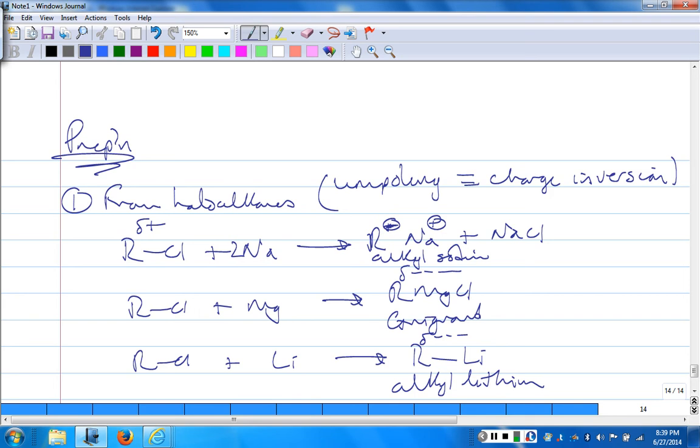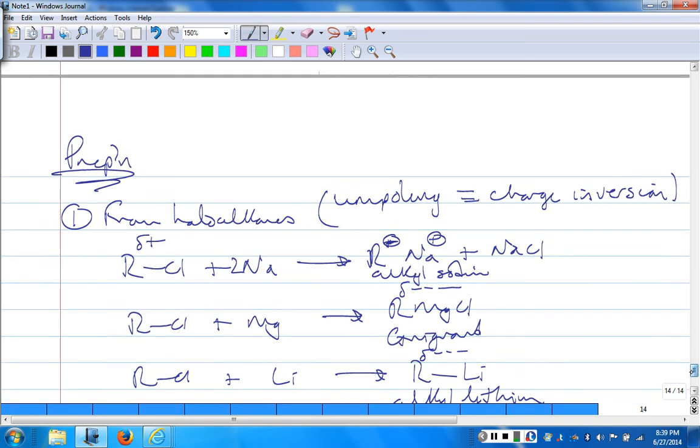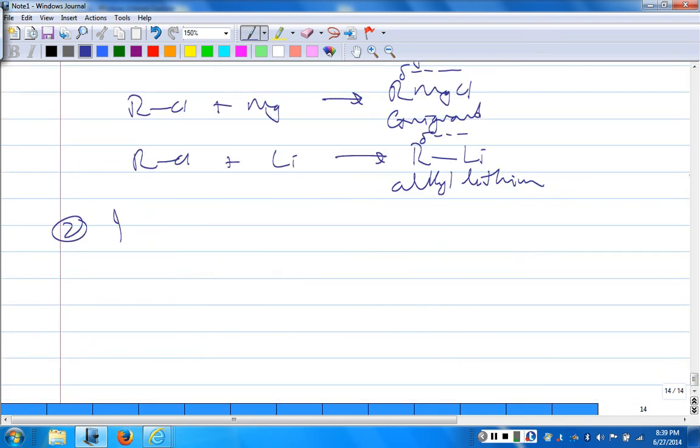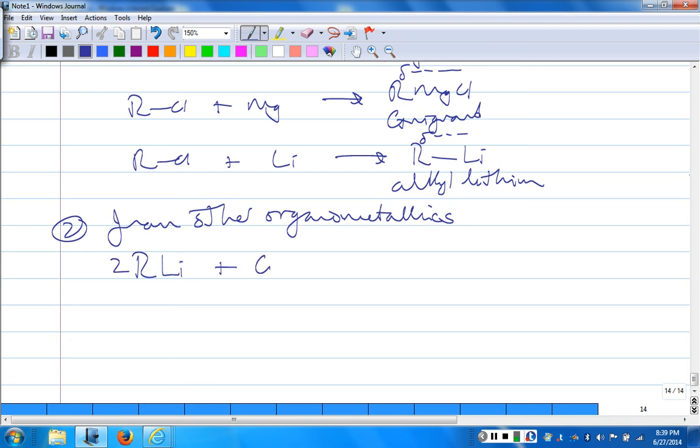That's option 1. I can prepare the organometallic also from other organometallics. And we are responsible only for one method, which is the one we've seen before, the Corey-Posner-Whitesides-House reaction. So if I take an alkyl lithium and I treat it with cuprous iodide, I make the lithium dialkyl cuprate.